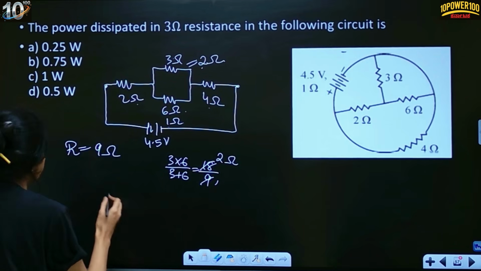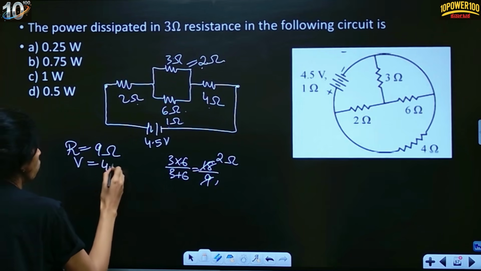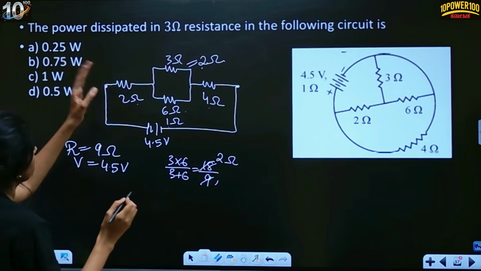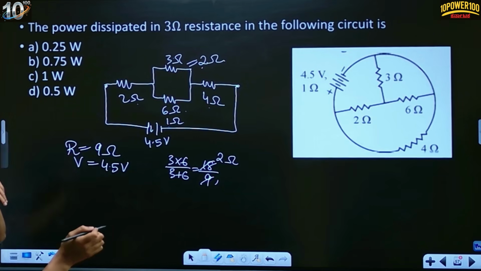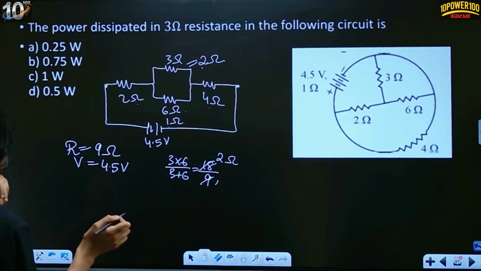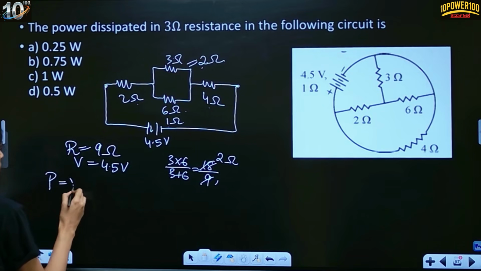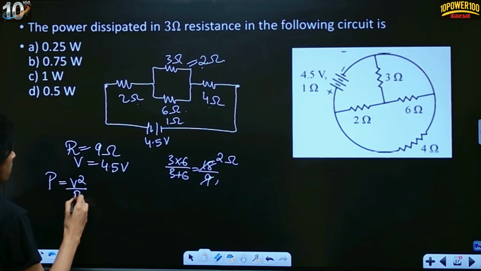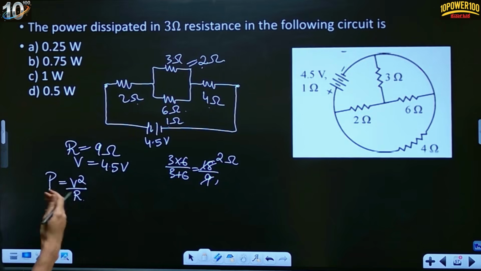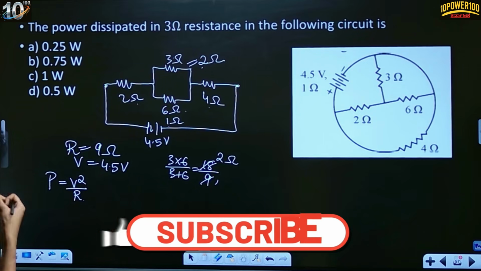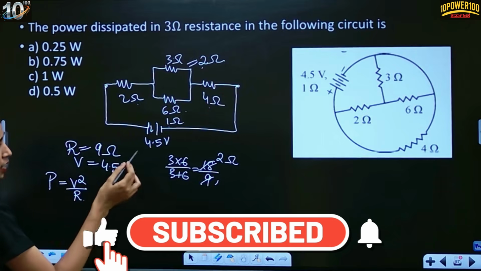So total resistance is 9 ohm and voltage is taken as 4.5 volt. They're asking us to find the power in the 3 ohm. You could take P equals V square by R, but the current will get divided.